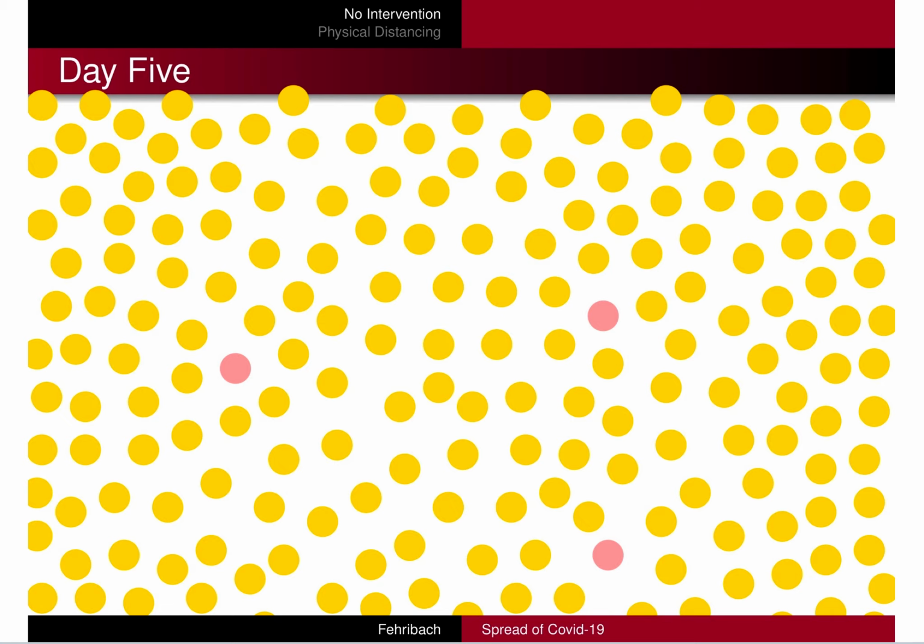And I should emphasize again that you can think of these dots as representing where people live, but they travel around. And so this first person who was infected and this new person infected may have met somewhere else as they travel around during the day.